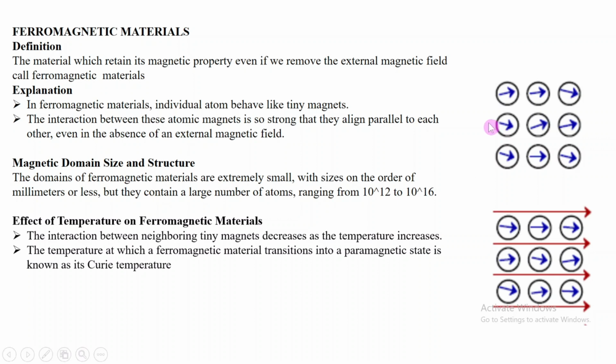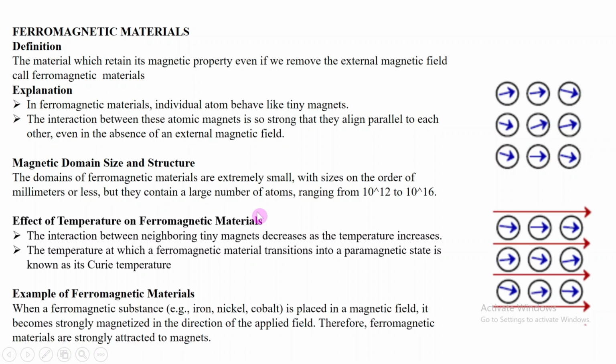That temperature is called the Curie temperature. In ferromagnetic materials, all the atoms are arranged in a proper way. There is a strong internal support to the external magnetic field. If we increase the temperature, that support is decreased, so the material will convert from ferromagnetic nature towards paramagnetic nature. The temperature at which the material is converted from ferromagnetic to paramagnetic material is called the Curie temperature.